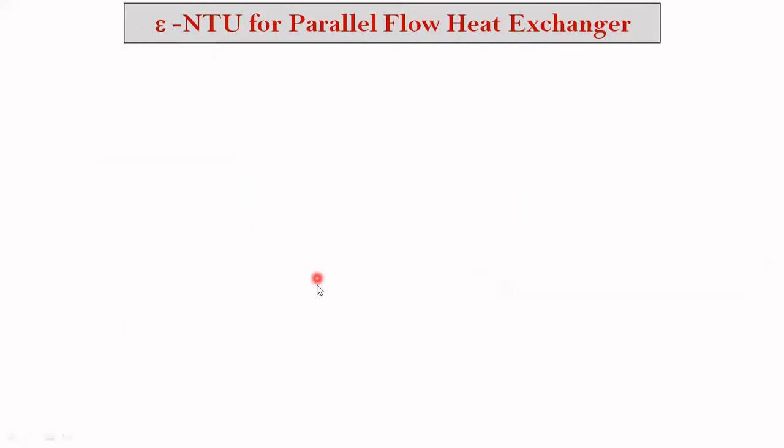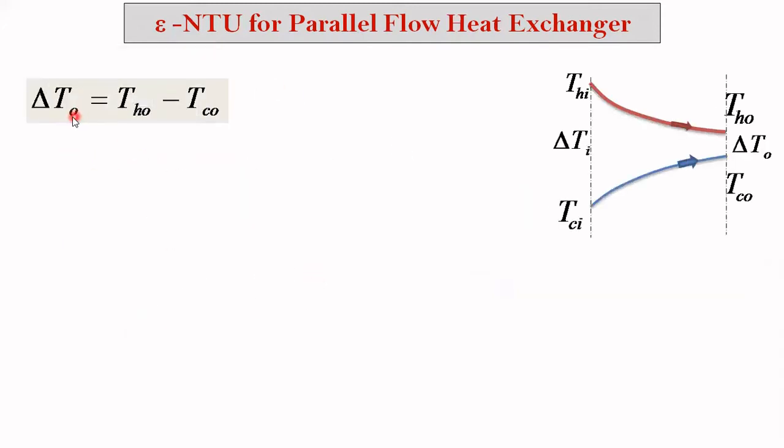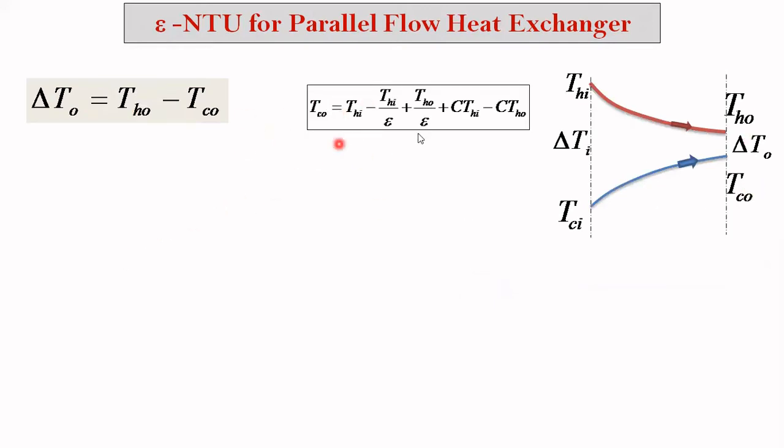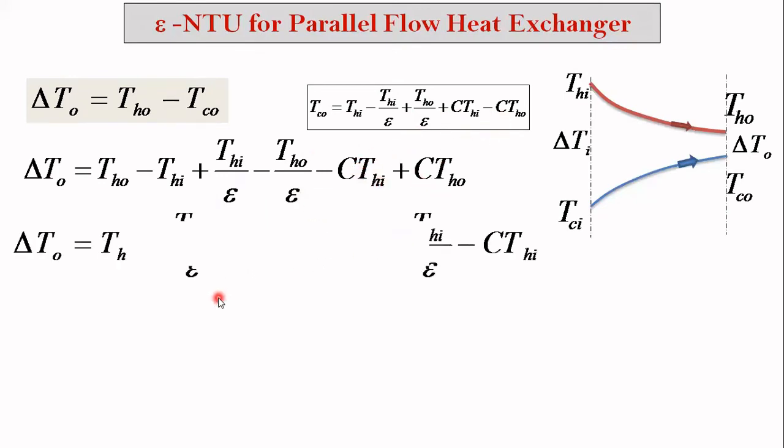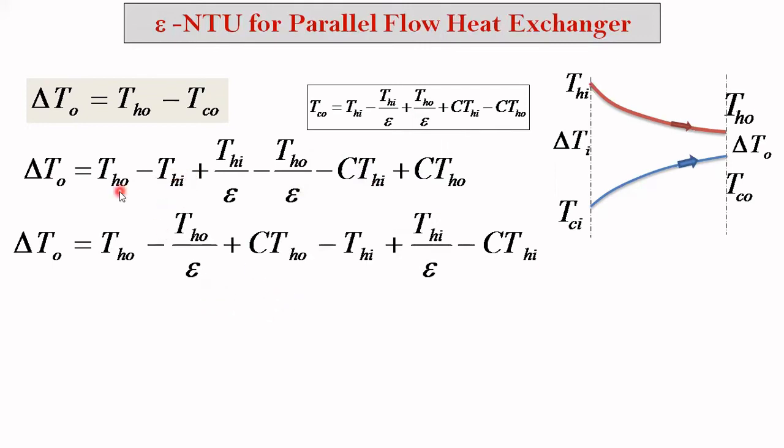Now we will derive for delta To. So let's write down delta To, that is THO minus TCO. Now the value of TCO we can put here. So all the terms, its sign will be opposite. So this is minus THI plus THI upon effectiveness minus THO upon effectiveness minus CTHI plus CTHO. So now here we can write down 3 terms for THO.